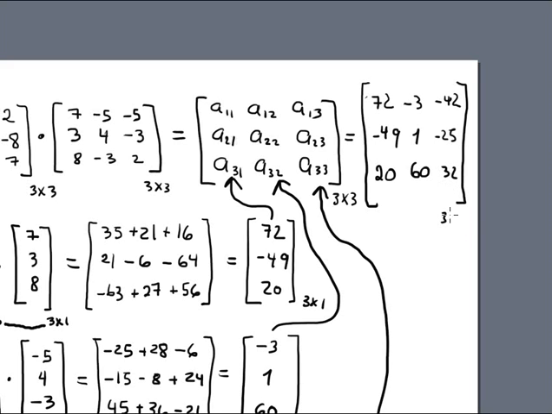And this is the 3 by 3 matrix. And this is the answer by hand, using the technique of multiplying the first matrix by each column of the second matrix.